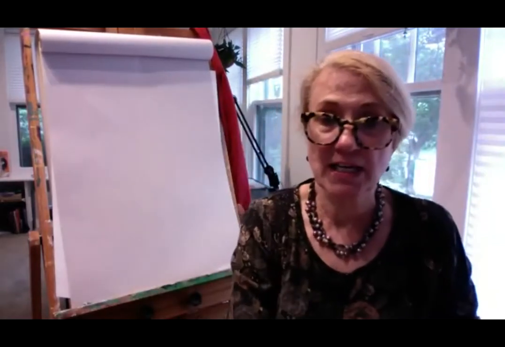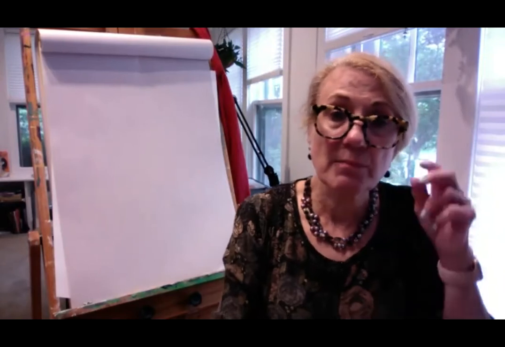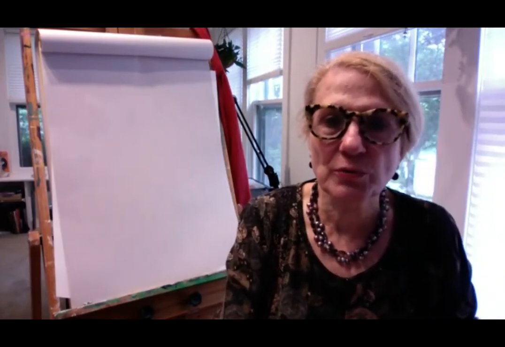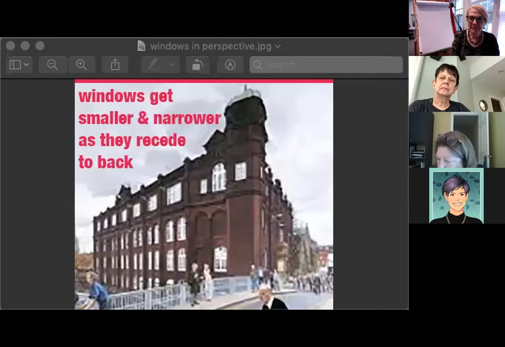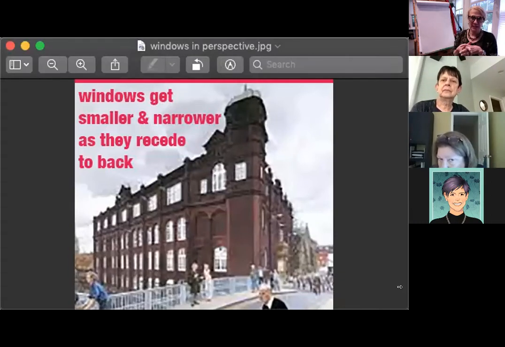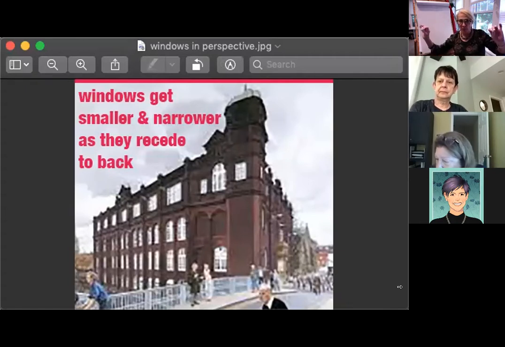But now I want to take you to the next step and show you this one. This is considered 2 point perspective. This is where you've got 2 vanishing points.